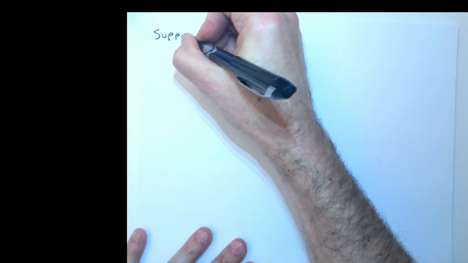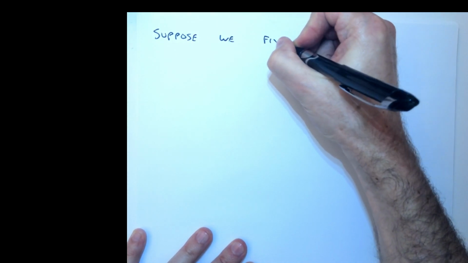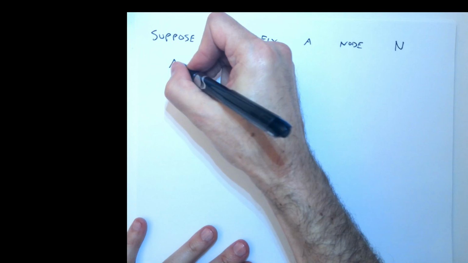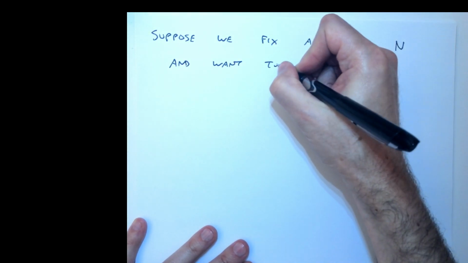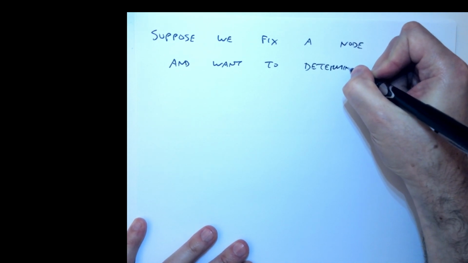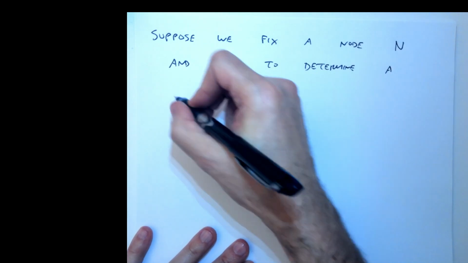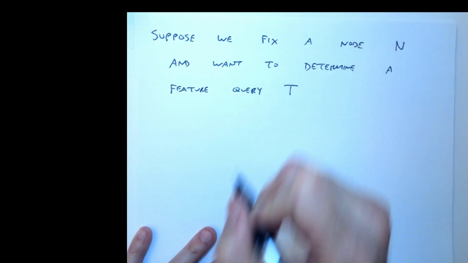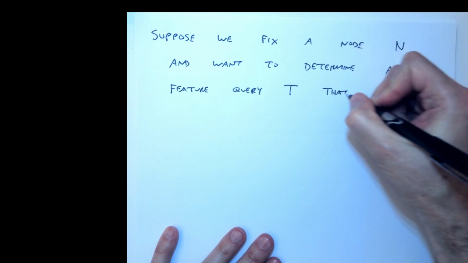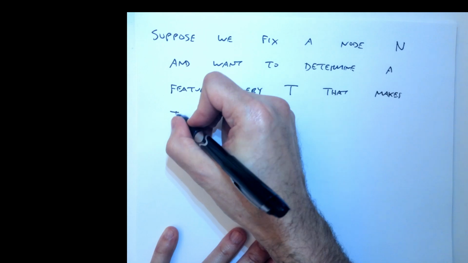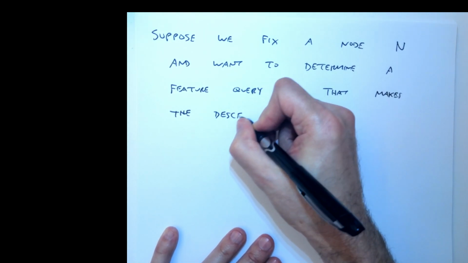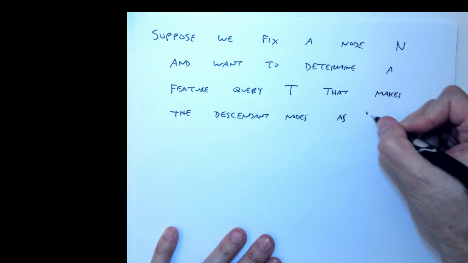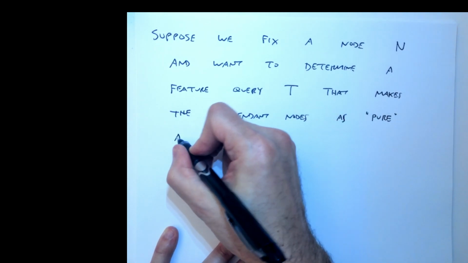So suppose we fix a node n, right? and want to determine a feature query, let's call it T, that makes the data, or makes the descendant nodes, as pure as possible.